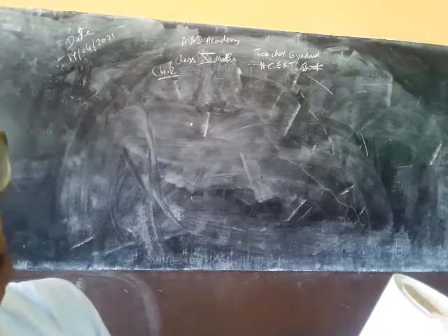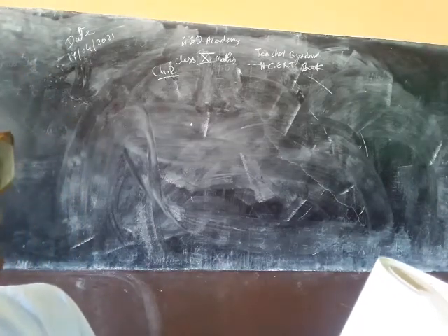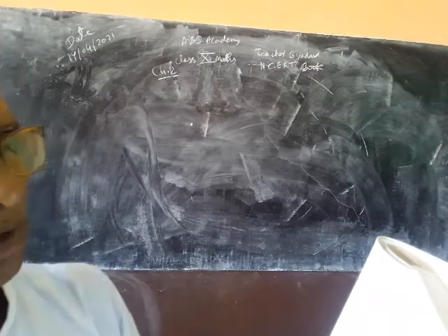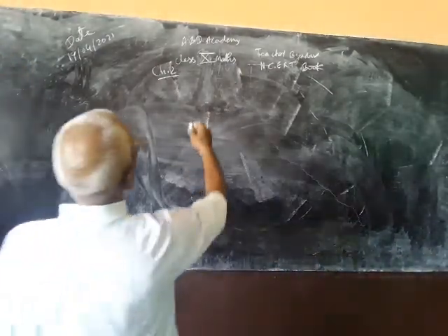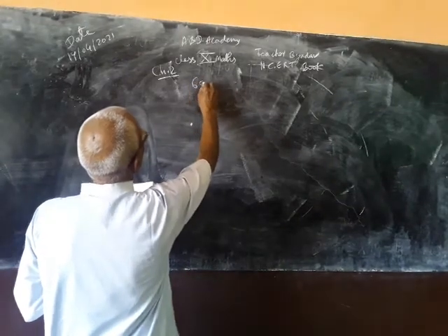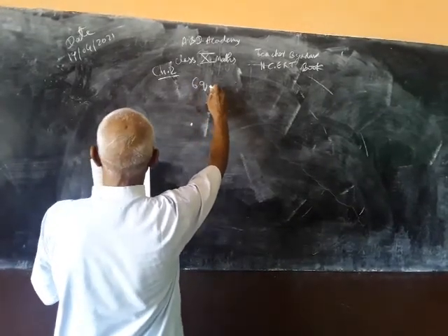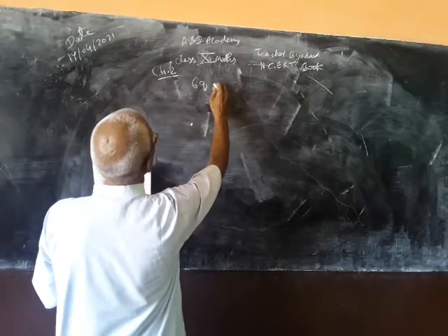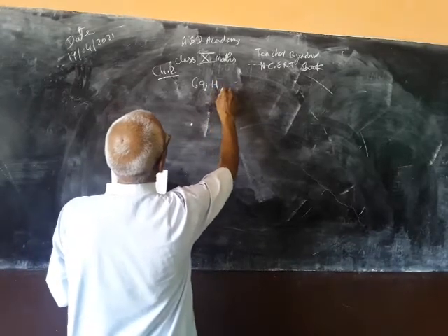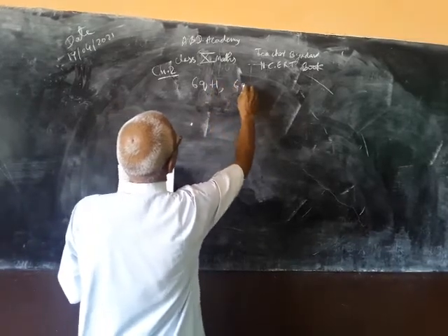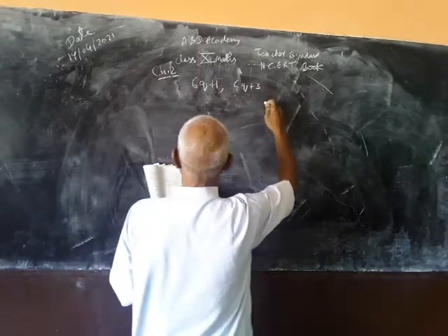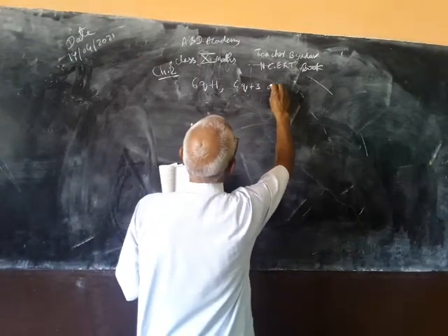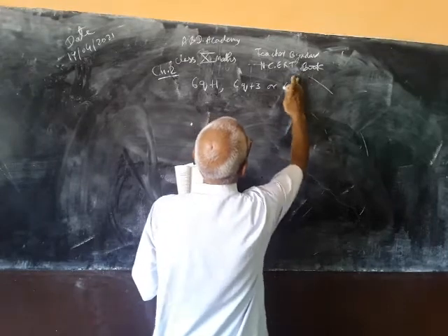The second question is to show that any positive odd integer is of the form 6q plus 1, 6q plus 3, or 6q plus 5.